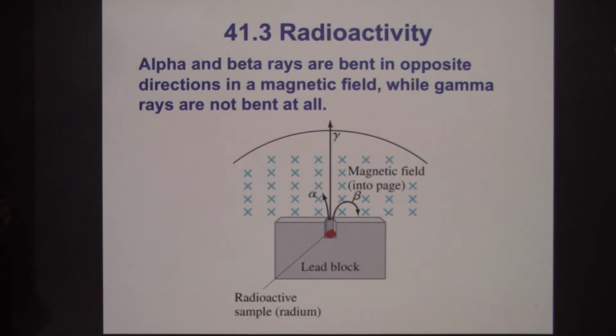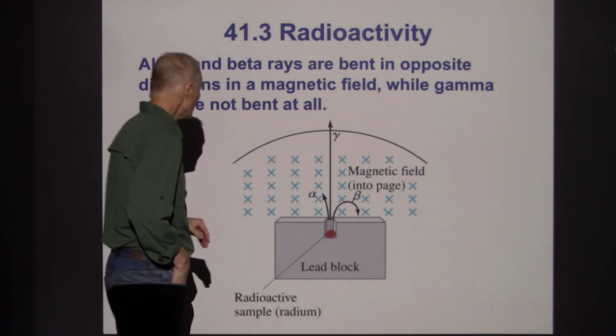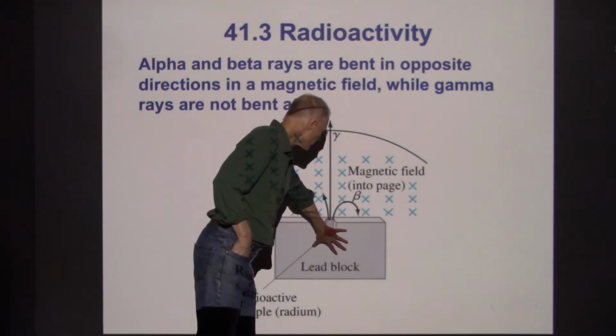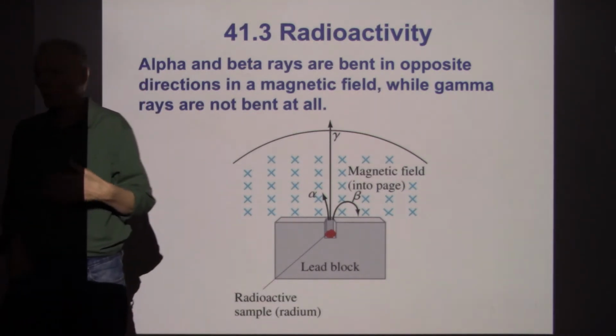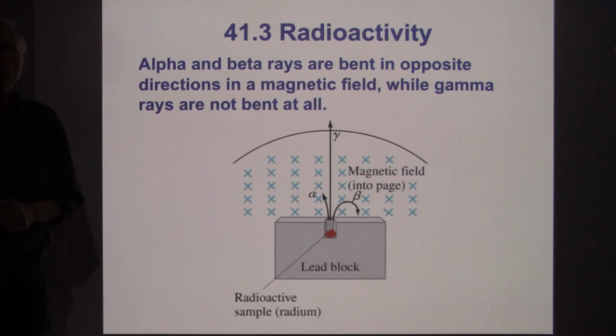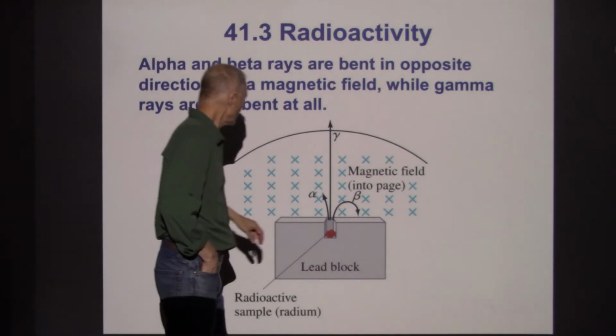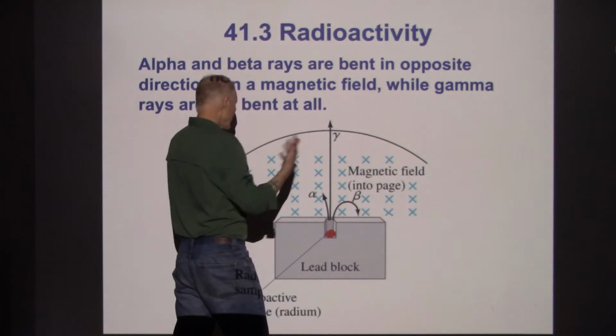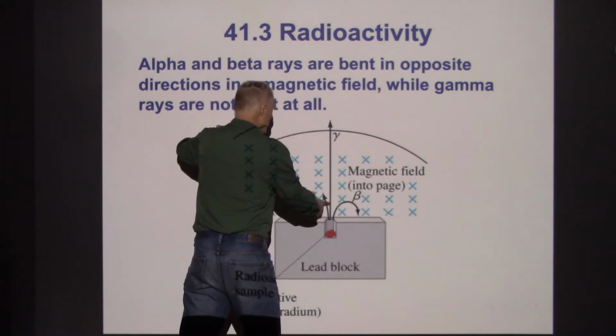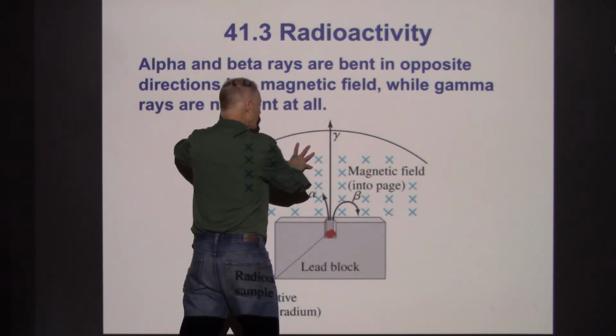The way the researchers could distinguish these at the time, you could take samples of materials like uranium or radium or radon, different elements. Some of these would produce high energy particles that would travel straight through a magnetic field.